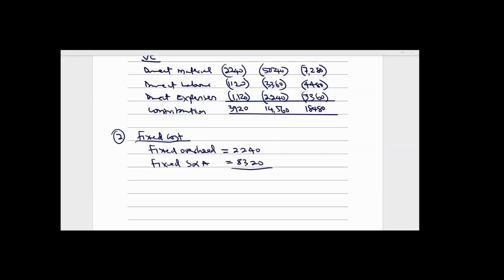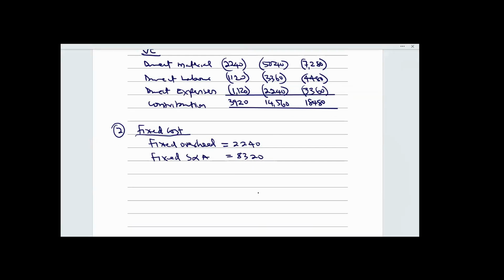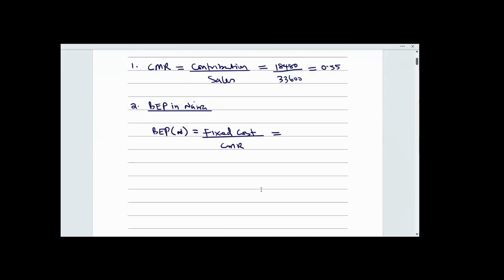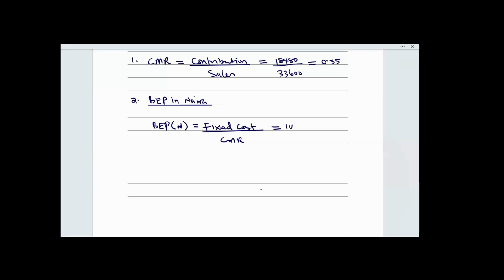Yeah, 8320. So when you add the two together, that will give us 10,560. 10,560,000 is our fixed cost. So let's go up there. Fixed cost, 10,560,000. You write it out in full so that you don't make mistake.